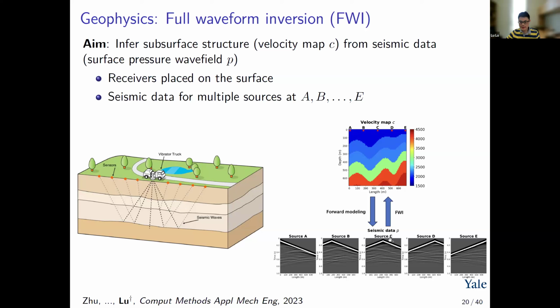Then we can put the car in a different location, for example, location A, B, C, D, E. For each different location of the car, we have different signals received by the sensors or receivers. Now what we try to do is predict this velocity map, the 2D field, from the seismic data, basically these 5 different images. So this is the inverse problem.